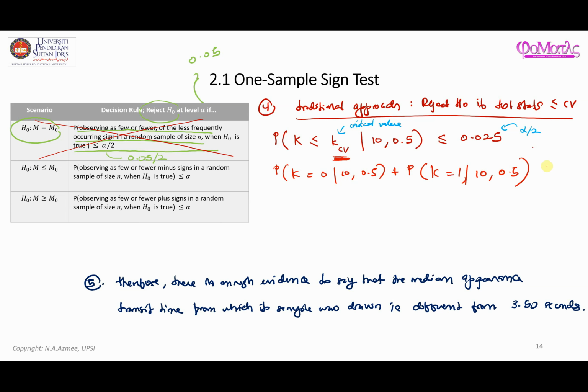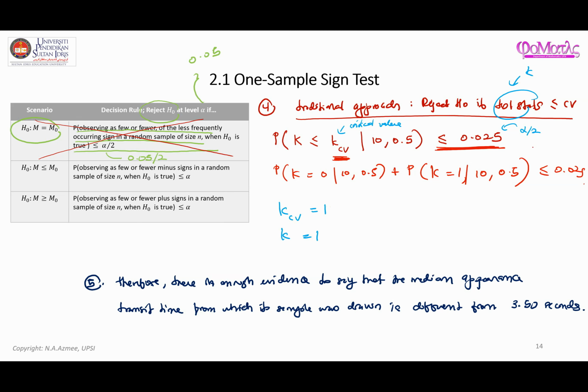So when you add this probability, it will be less than or equal to what we are looking for here, 0.025. So based on that, critical value KCV is equal to 1. Our test statistic, which is k, is also equal to 1.